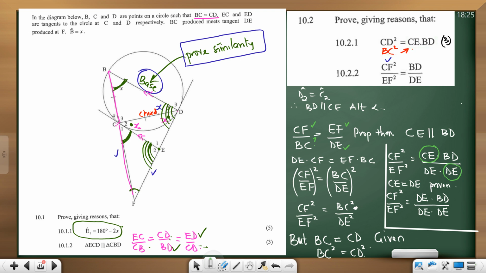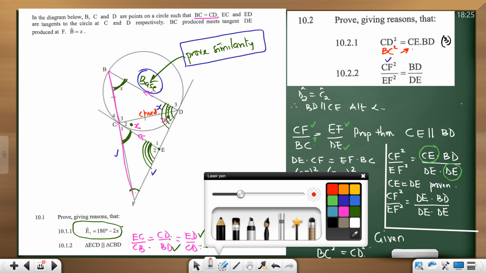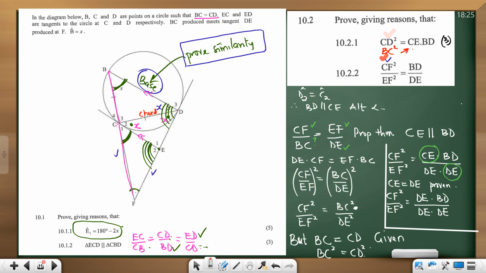Yes, sir. Again, we're given that this and this are equal. So anywhere I see CD, can you see what I'm saying? I can write what? BC. So instead of writing BC squared, I am now writing as what? CE multiplied by BD. Yes, sir. Okay.